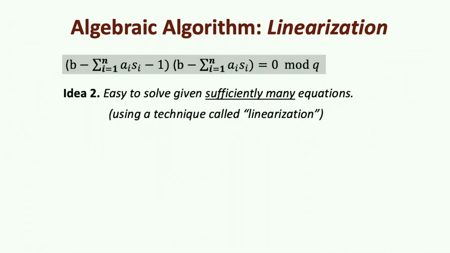Okay, so here comes idea 2. Idea 2 is that this system of polynomial equations is actually easy to solve if you're given sufficiently many random enough equations. Let's see why that is. This is using a technique called linearization, which is quite popular in the cryptanalytic literature.